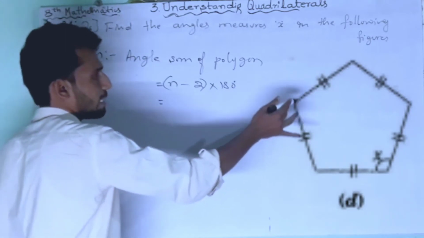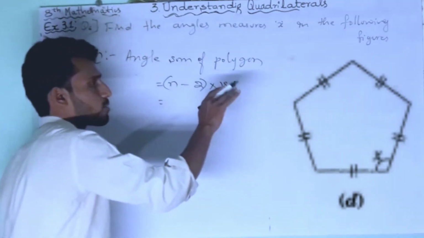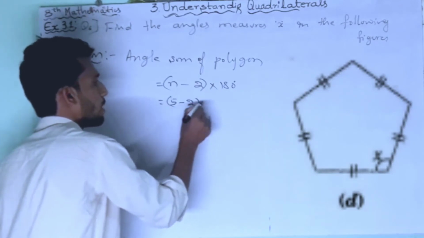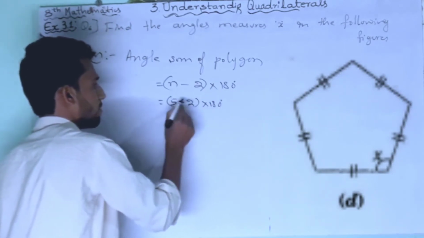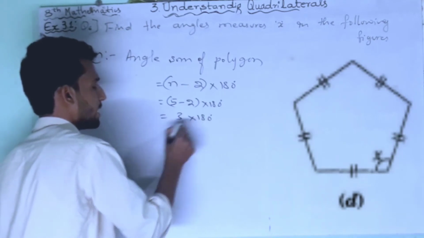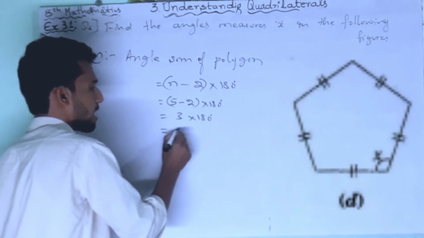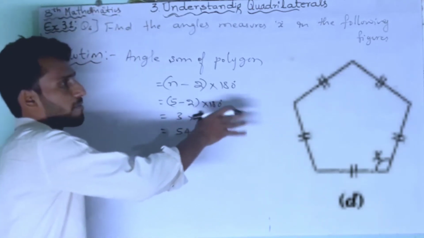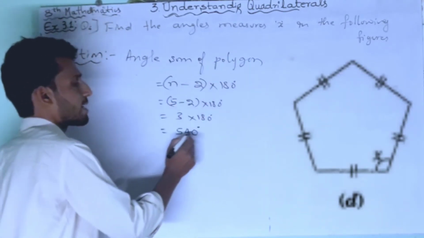Now the total sides is 5. Now 5 minus 2 into 180 degree. When we do the subtraction, you will get 3 into 180 degree. When you multiply 180 into 3, it is 540 degree. The angle sum of a polygon is 540 degree.